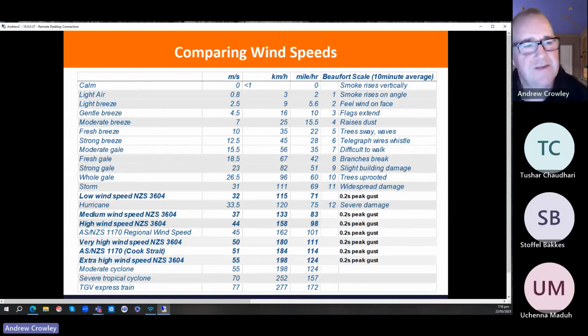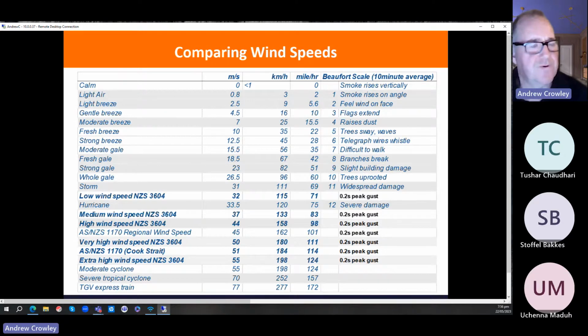But the Beaufort scale is a 10-minute average. The wind speeds you're using in 3604 are taken from 1170, and that uses a 0.2 second peak. So you're looking at a difference between a peak and a mean, and the peak is going to be considerably higher than that.